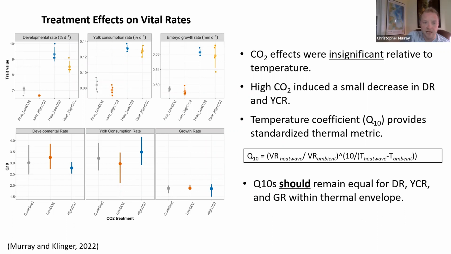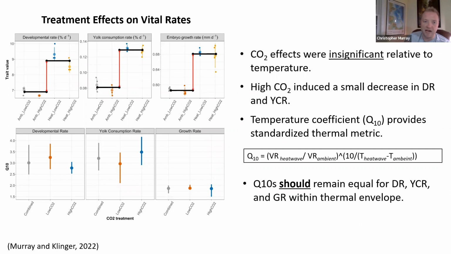So what I did from there is I wanted to compute Q10 ratios for each one of these rates. And the Q10 is a really vital metric because it allows you to compare different rates when they're measured in different units and maybe computed across different temperature ranges.